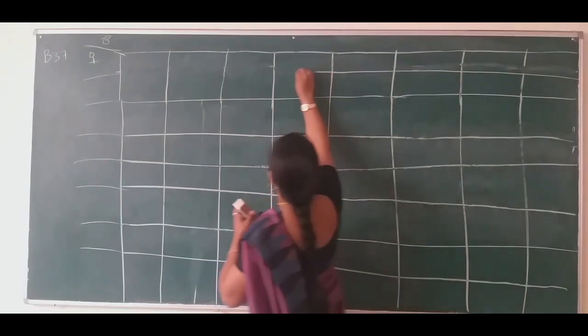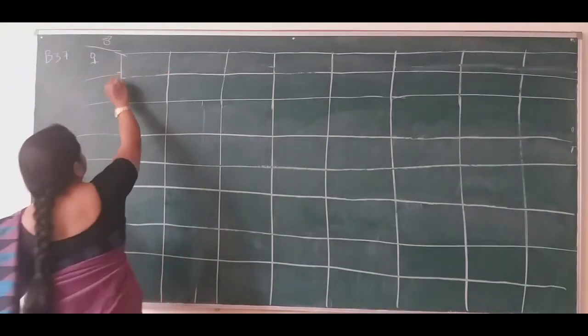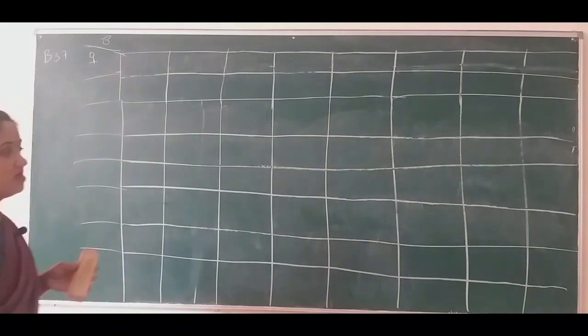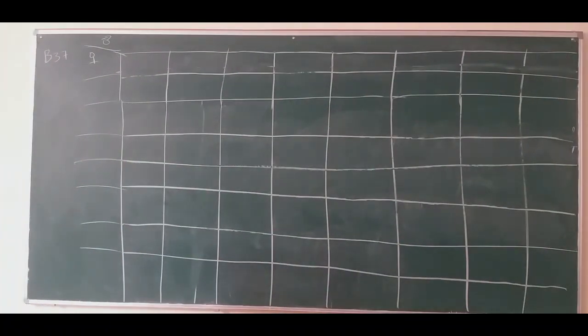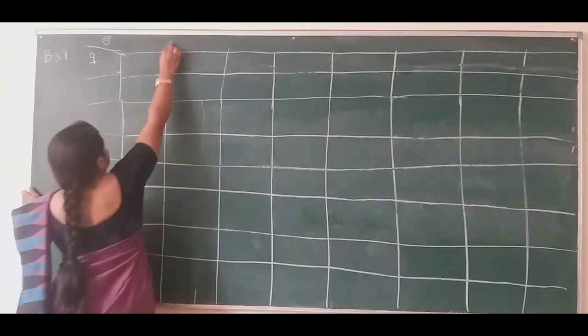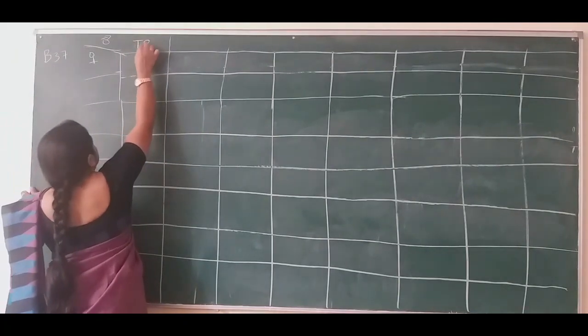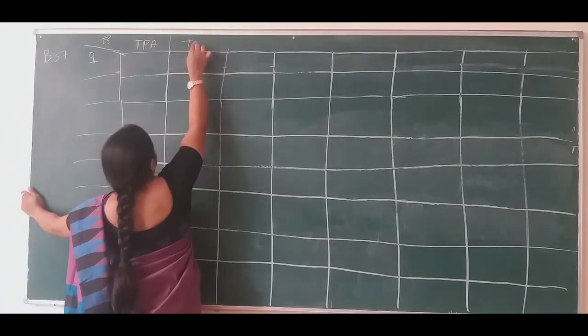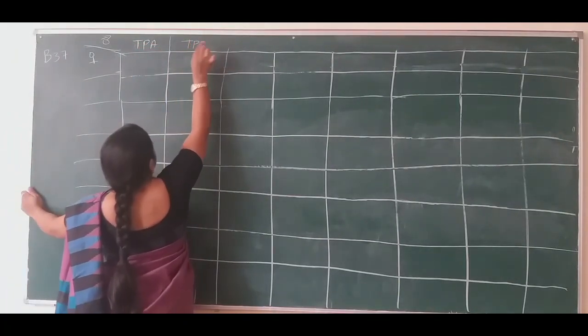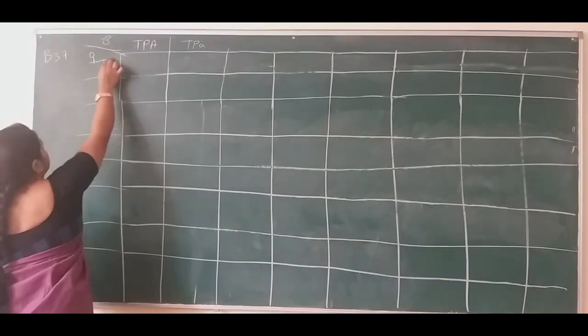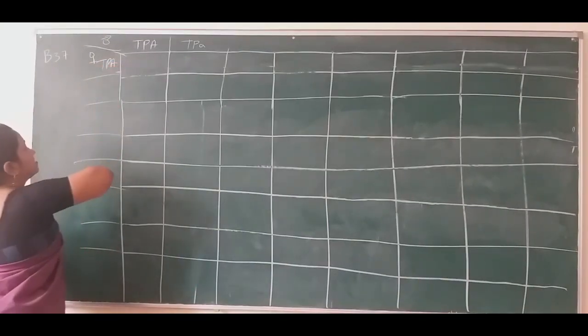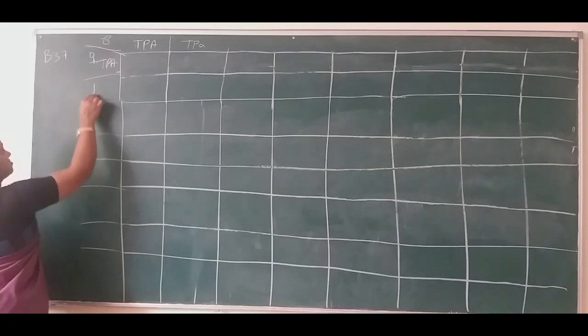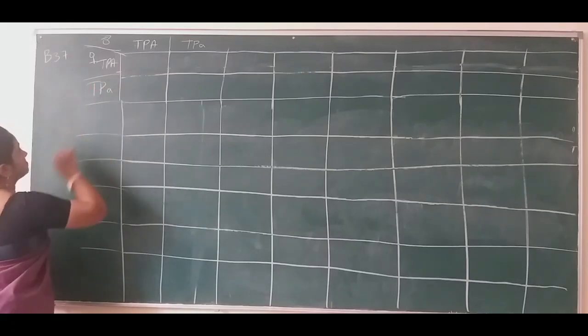Because we have to write the genotype and phenotype now, that's why I am making the boxes a little bit broader. Gametes. Simultaneously I am writing the female gametes also to avoid confusion.